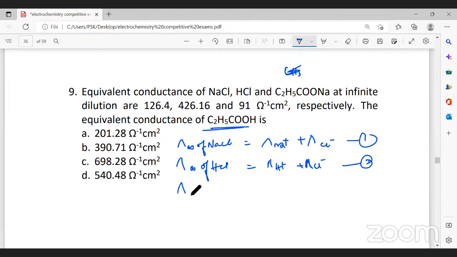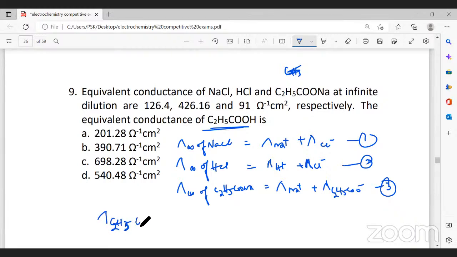The third one, lambda infinity of sodium propanoate, C2H5COONa, will be equal to lambda Na plus lambda propanoate ion, C2H5COO minus ion. This is equation 3. Now, what do we need? From these 3 equations, we need to get the conductance of propanoic acid. So how do we get this?